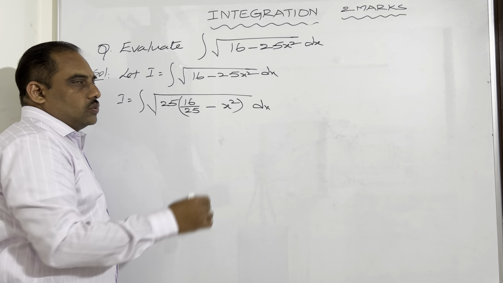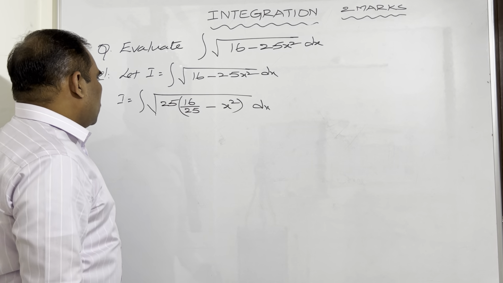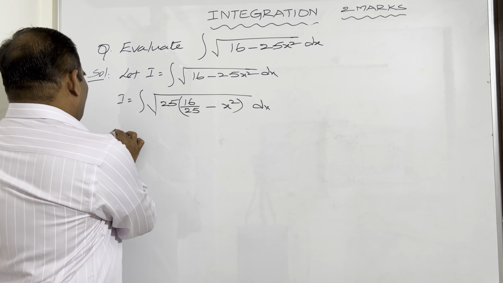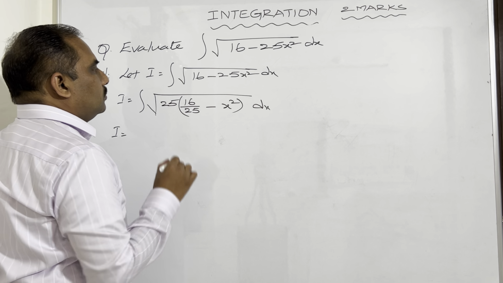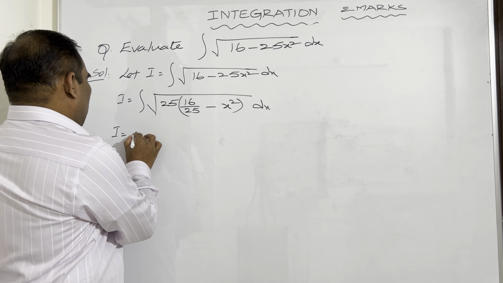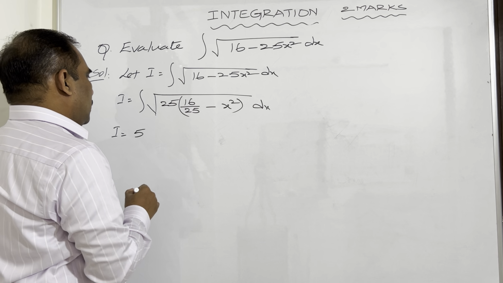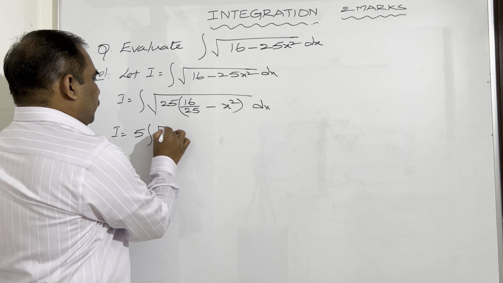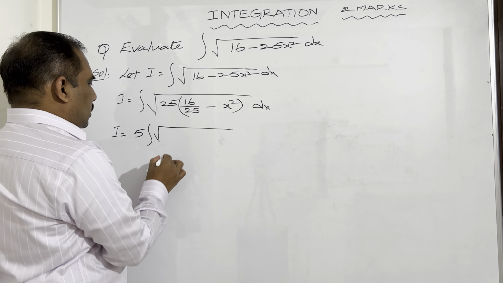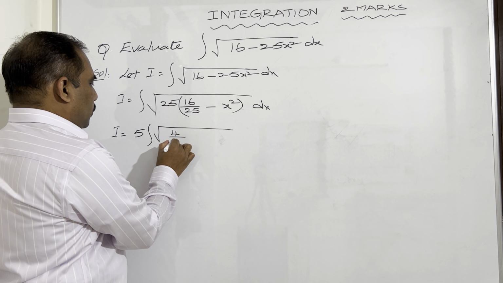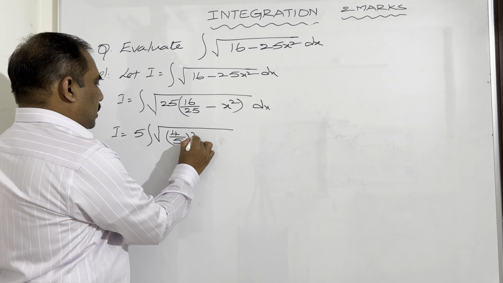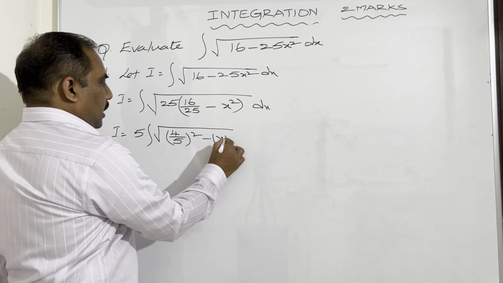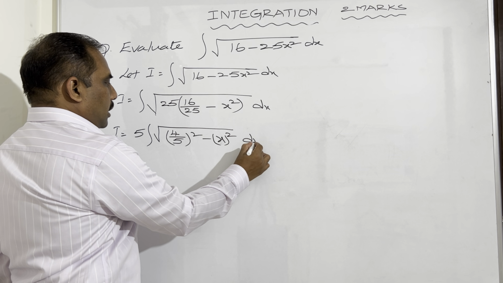Root 25 is equal to 5, which is a constant. So it can be written as 5 into the integral of root over (4 by 5 whole square minus x whole square) dx.